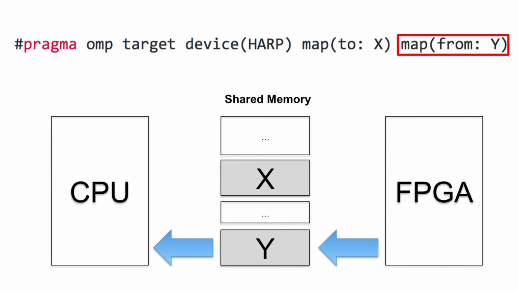The other map clause has a different argument, from:y. After the FPGA processes the information, it will write the result to a memory region that corresponds to the variable y.